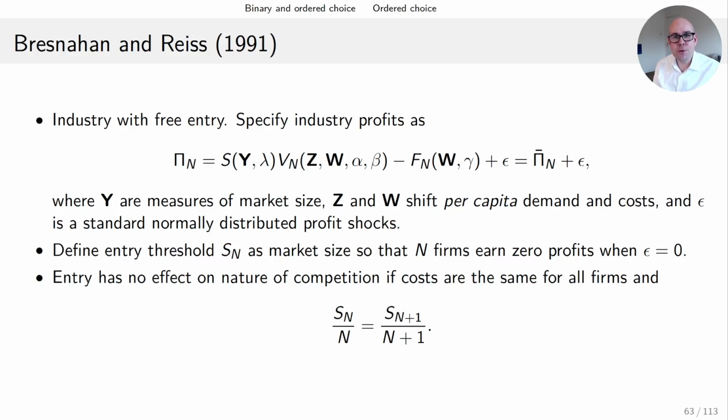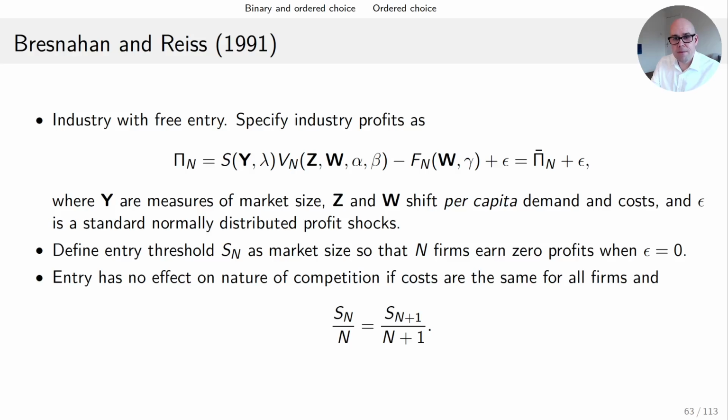And what this shows you is that there can be quite some economics going on in the background, and these two structural models nicely illustrate that.